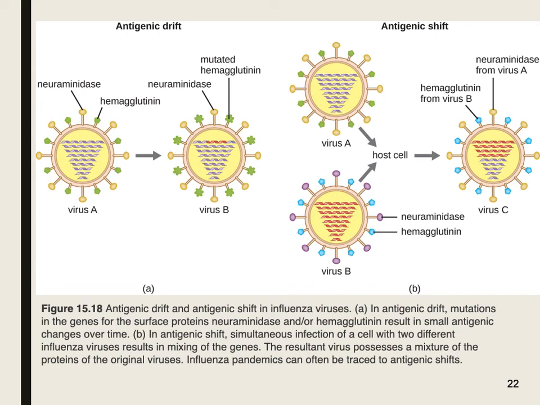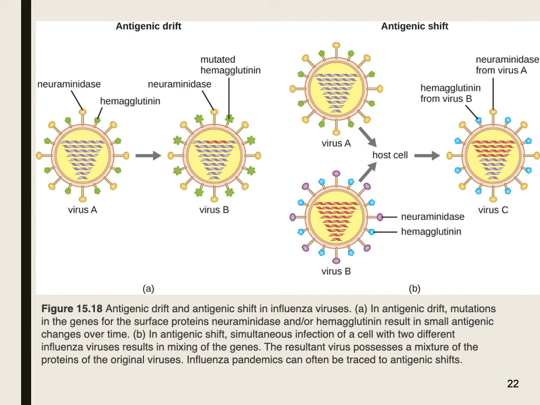There can be small errors to replicate the genetic information, due to the polymerases that are being used. And so again, we can get this drift, this changing of the neuraminidase and the hemagglutinin.